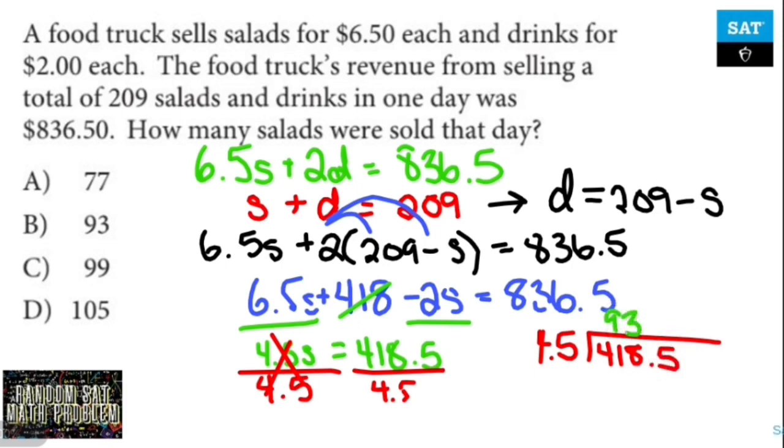You hear my dog ringing a bell in the background. 93 times 4.5 is going to be 418.5. So there you have it.